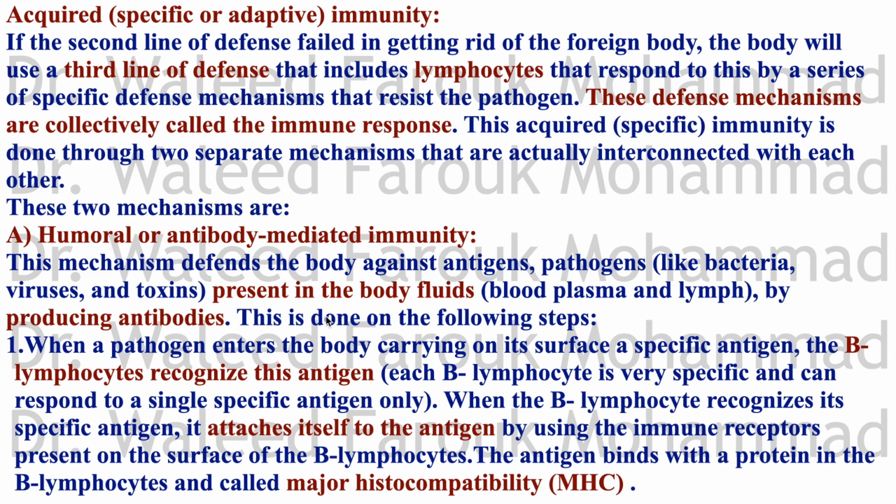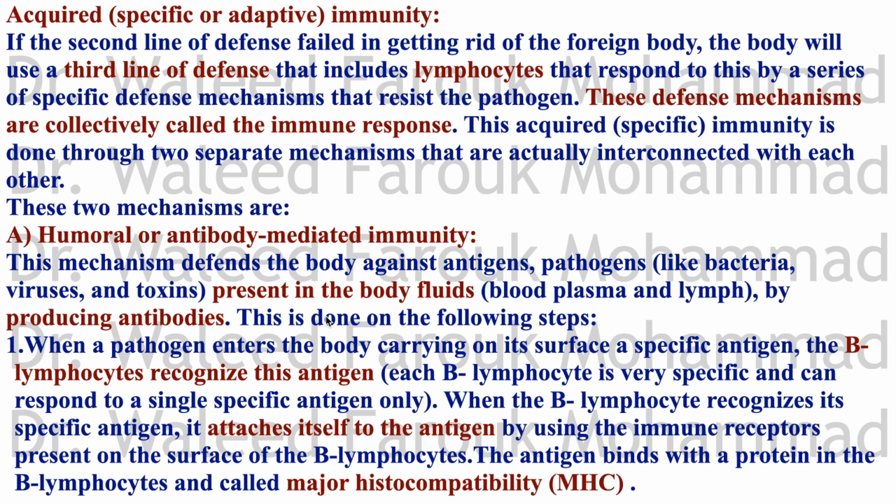This mechanism defends the body against pathogens present in the body fluids, and this is done by producing antibodies. How does this occur? When a pathogen enters the body, it has an antigen on its surface.